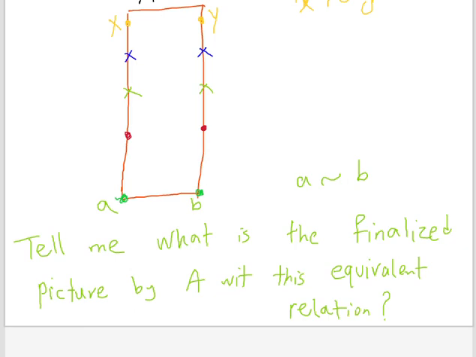I tell you. Look at this picture. We attach this point to this point, this point to this point. Then what do we get?